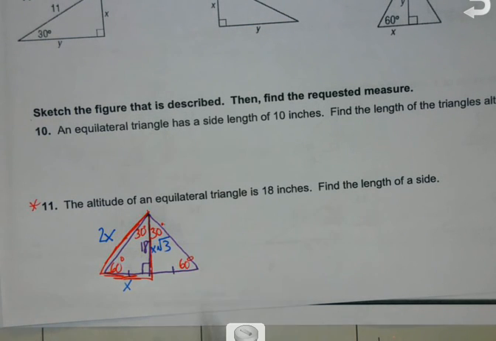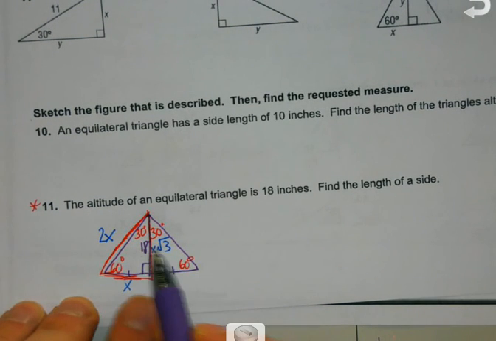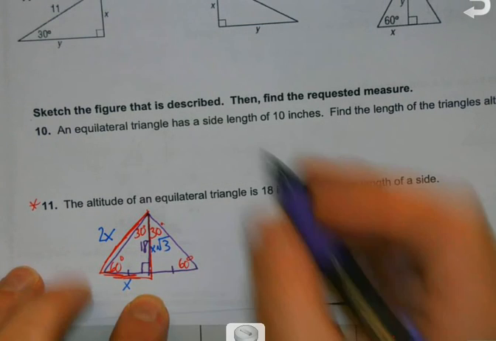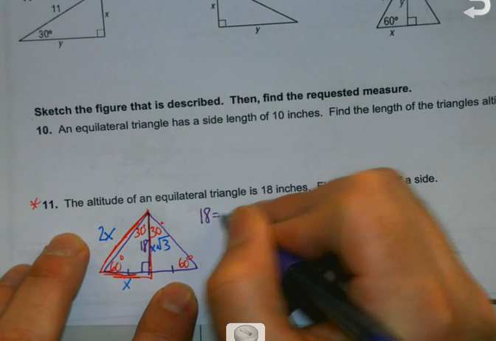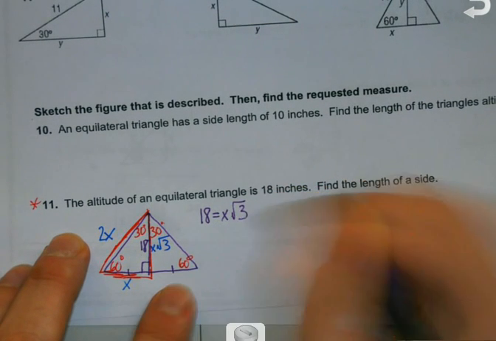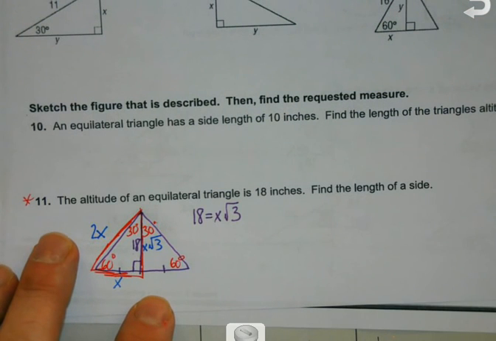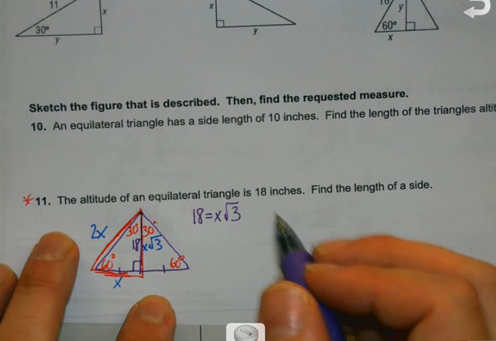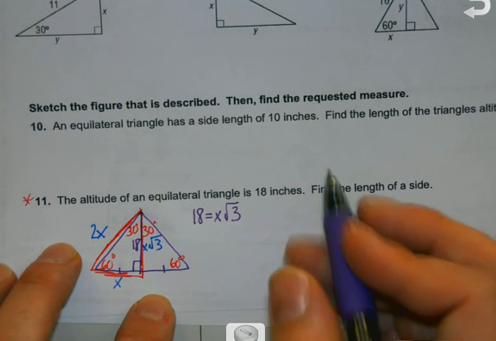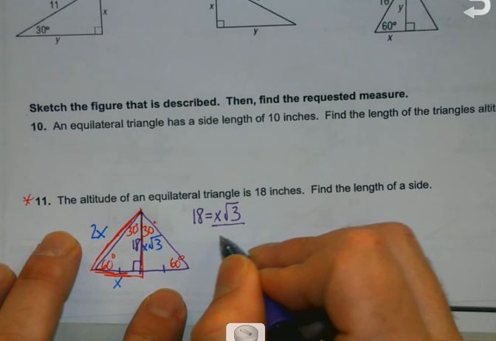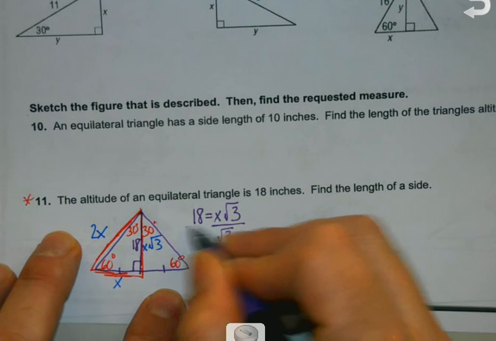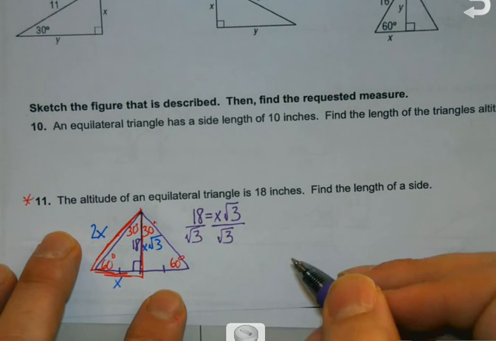So this goes with 18 equals x times the square root of 3, because that's what my pattern tells me. So do you know what x is already? You should. But if you don't, we can calculate it.